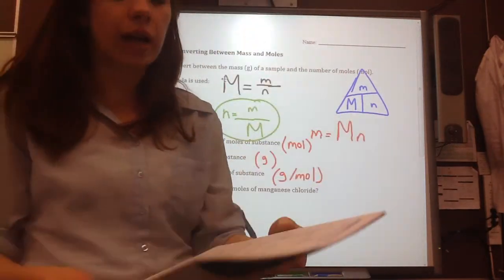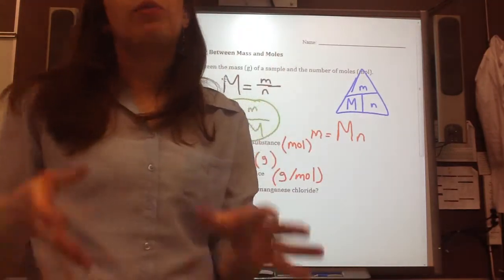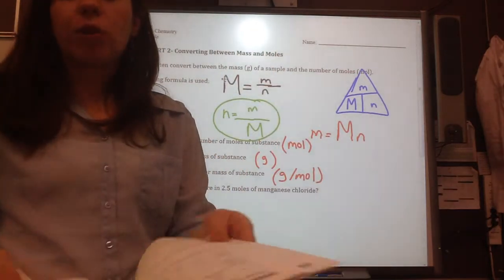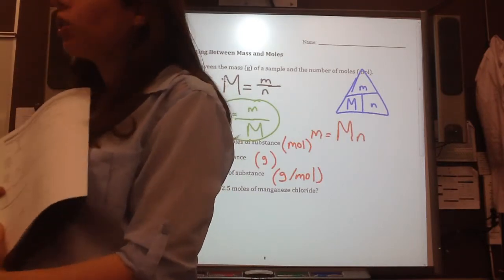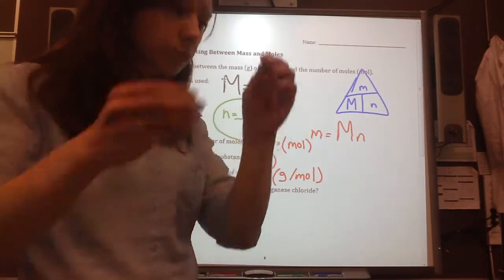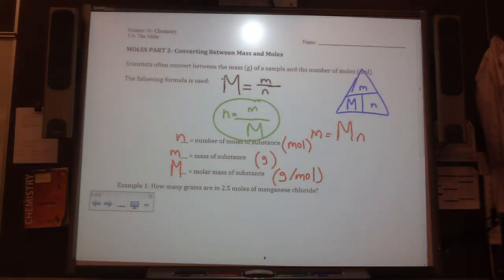In science, we do have to do some memorization, but if you have a tool available, make sure you remember that you have it there and use it. Also, I will give you Avogadro's number on a test too. You won't have to memorize it, but after listening to that song, you should probably have it memorized.